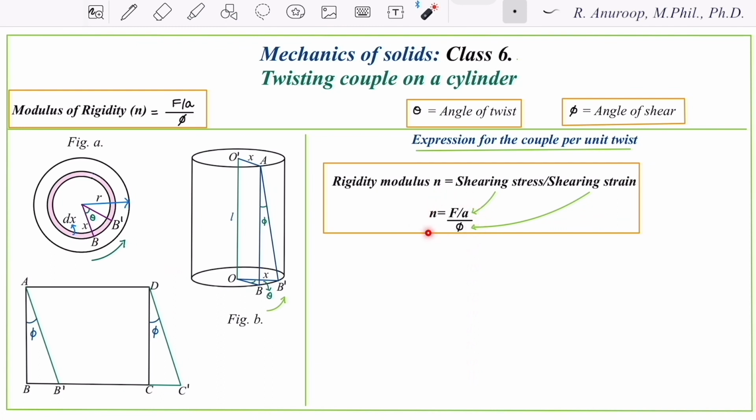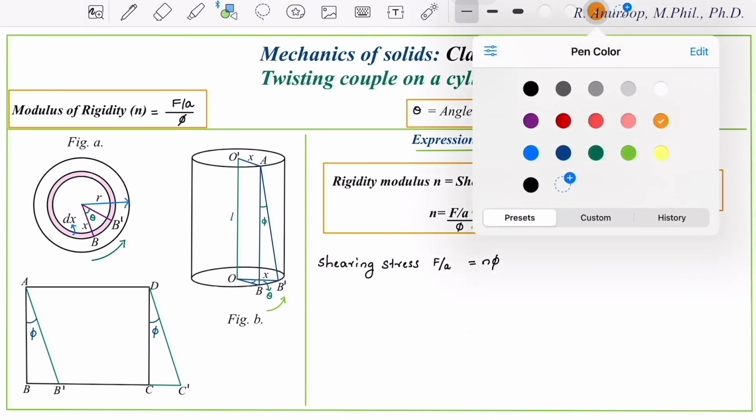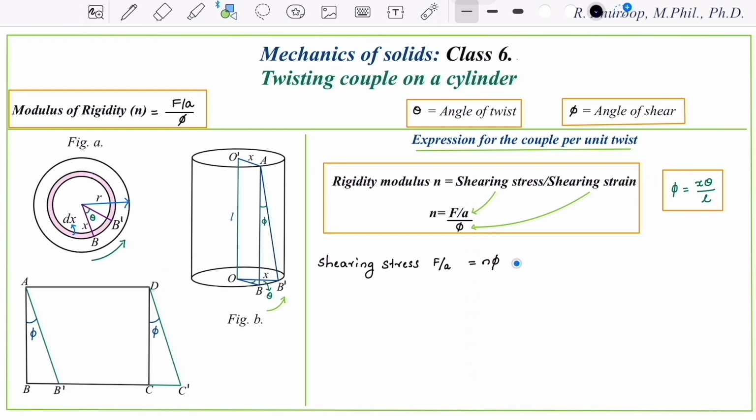Therefore, the shearing stress F by A is equal to N phi. Already we have the expression for phi as x theta by L. Therefore, the shearing stress F by A is equal to N x theta divided by L.